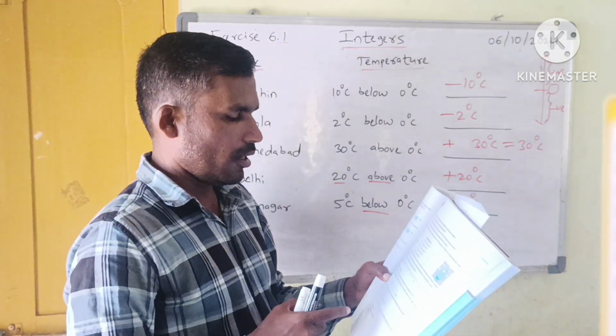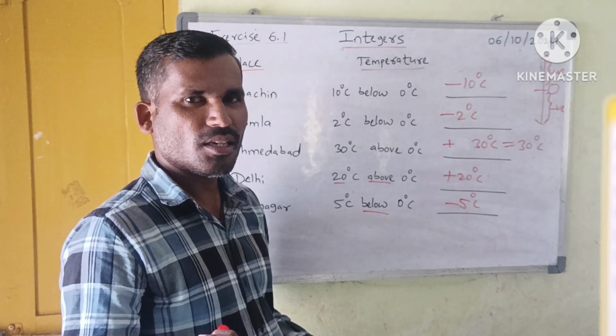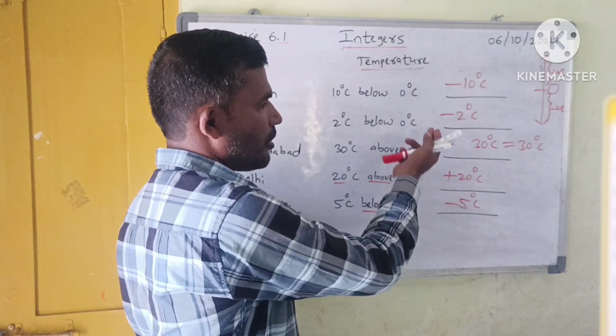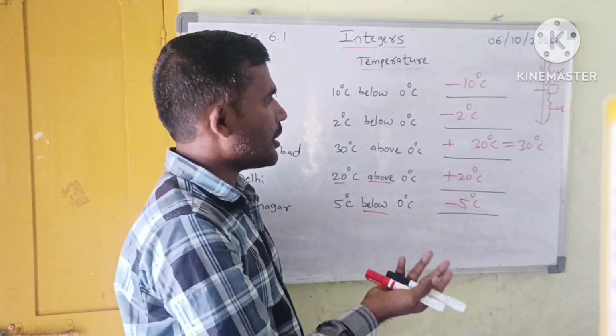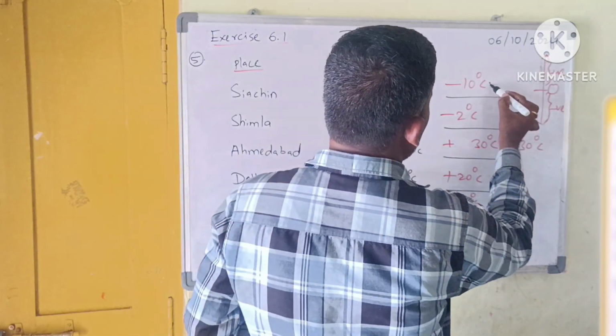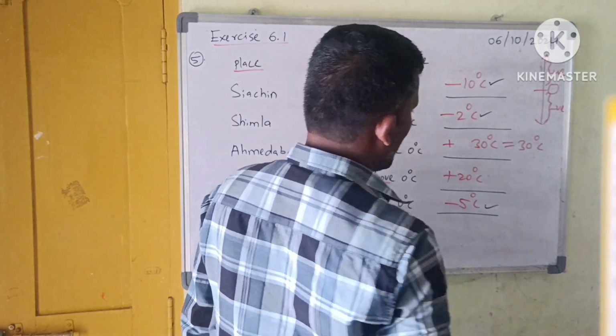The next part is to see which is the coolest place. The coolest place is the one with the least value in the given data. The negative numbers are minus 10 degrees, minus 2 degrees and minus 5 degrees.